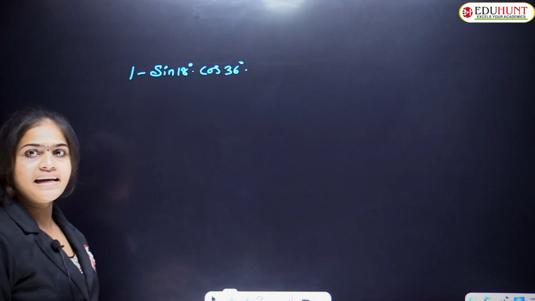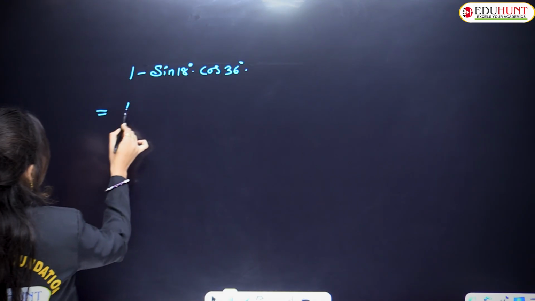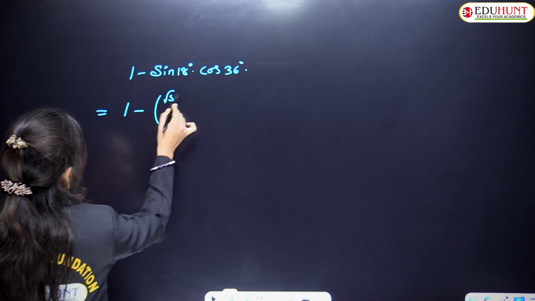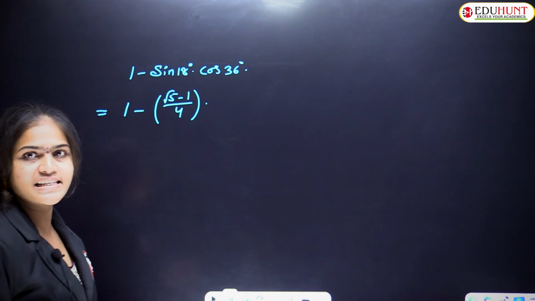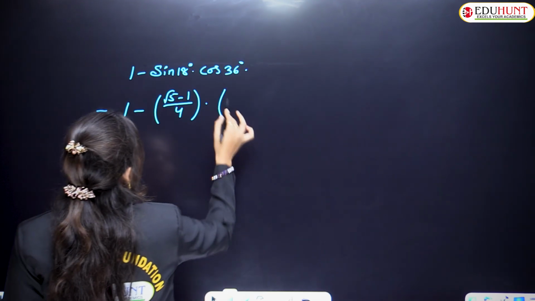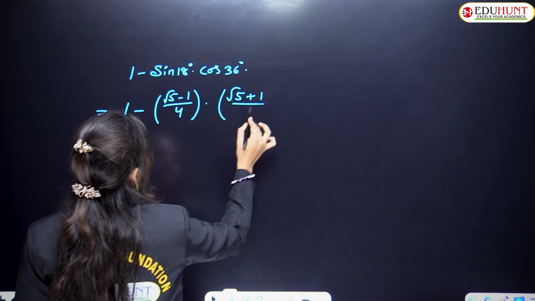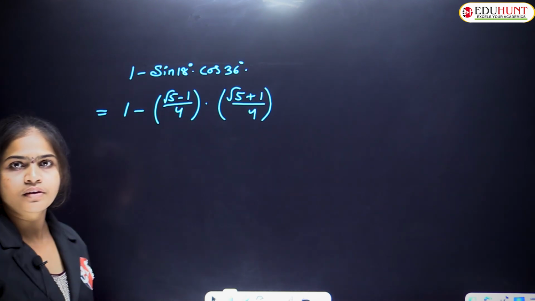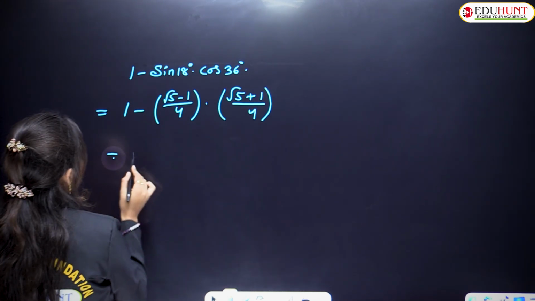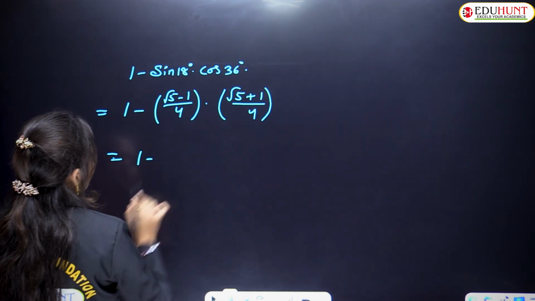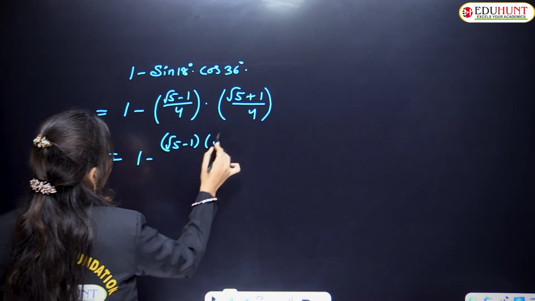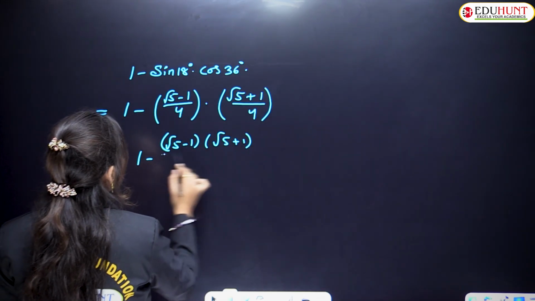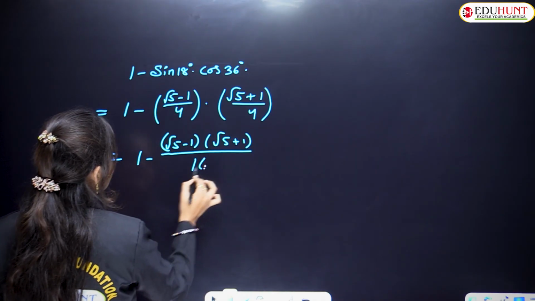Okay, so the sin 18 degrees value is root 5 minus 1 by 4, and cos 36 degrees value is root 5 plus 1 by 4. So which is equals to 1 minus of root 5 minus 1 into root 5 plus 1, whole by 4 into 4, 16.